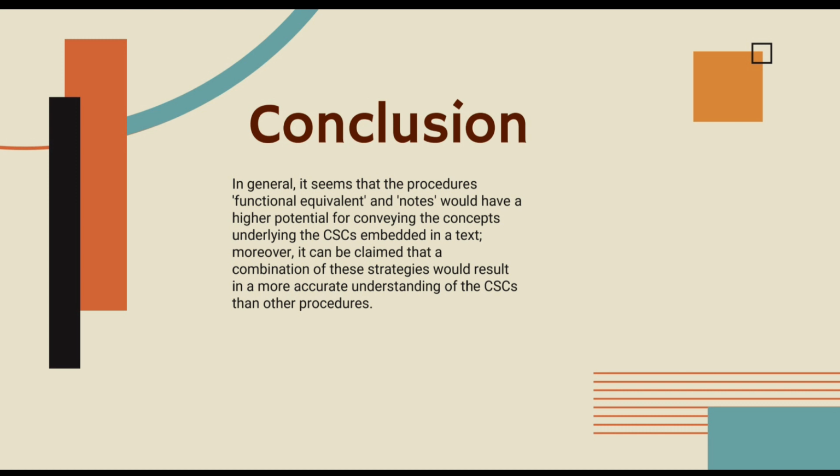Conclusion. In general, it seems that the procedures functional equivalent and notes would have a high potential for conveying the concept underlying the CSC in the text. Moreover, it can be claimed that a combination of these strategies would result in a more accurate understanding of the CSC than other procedures.